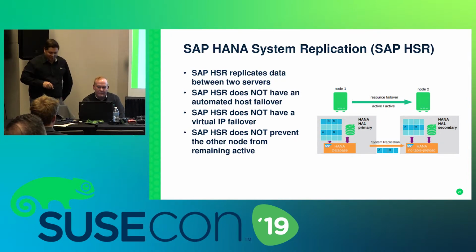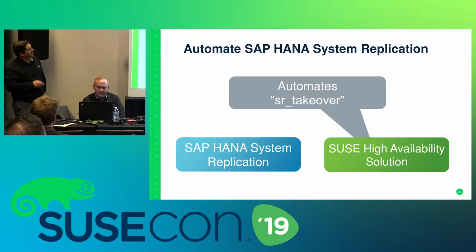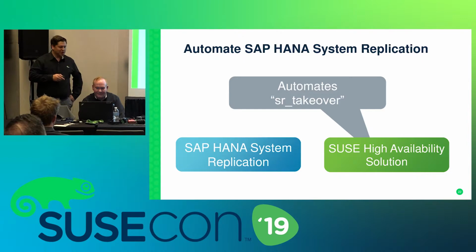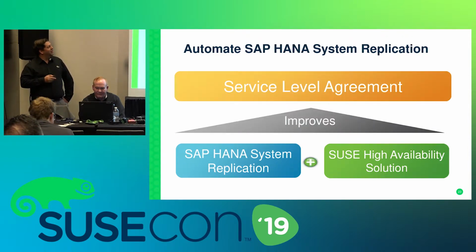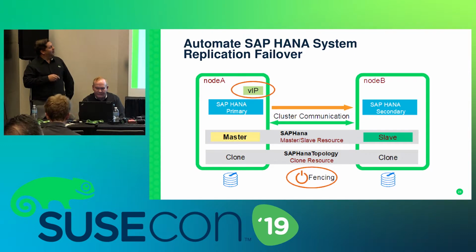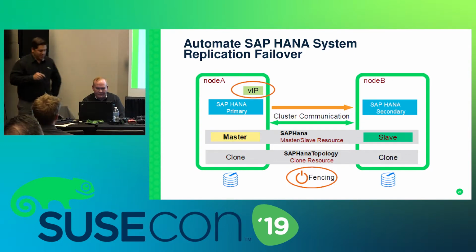Okay. So again, I probably stole my own thunder there, because this is exactly what I just talked about. Yeah, we automate the takeover of that system, which again improves your SLAs. And the way it works is there is a virtual IP, which is what you point all your applications to.